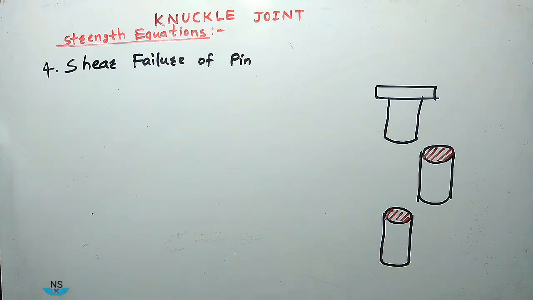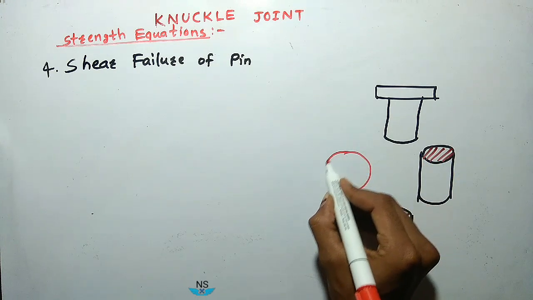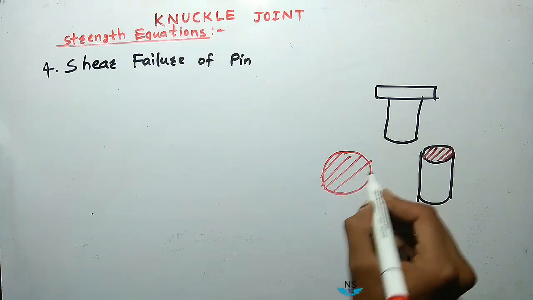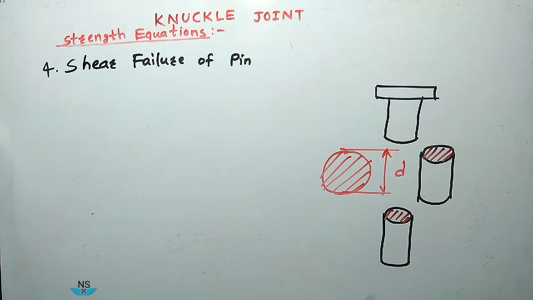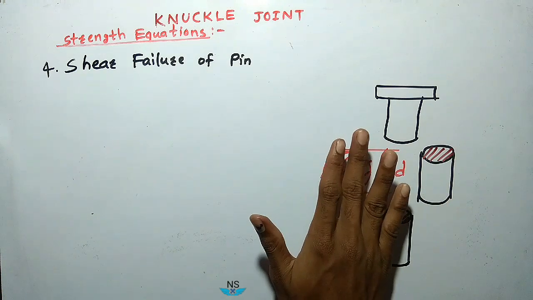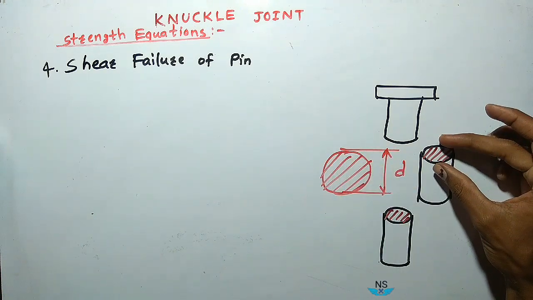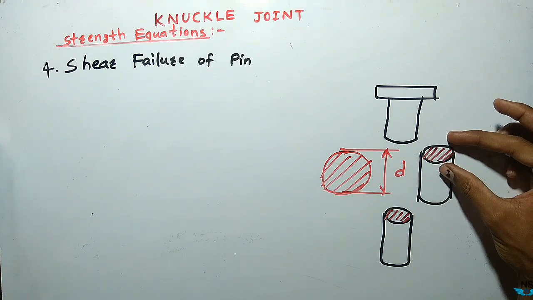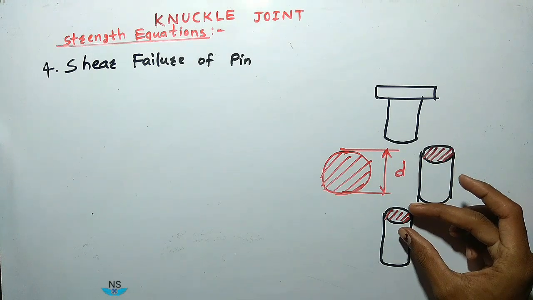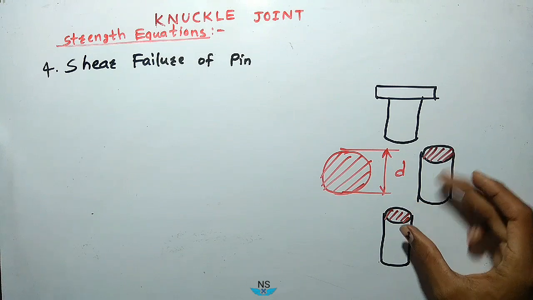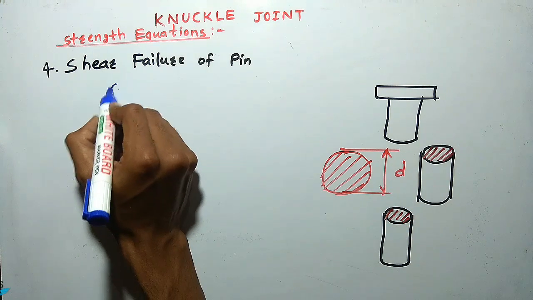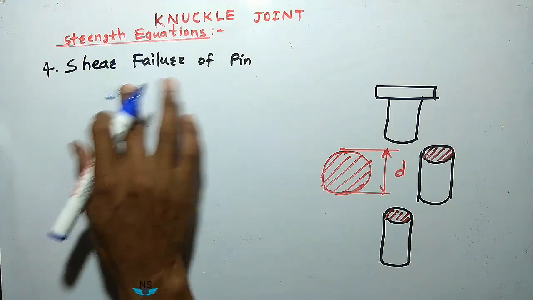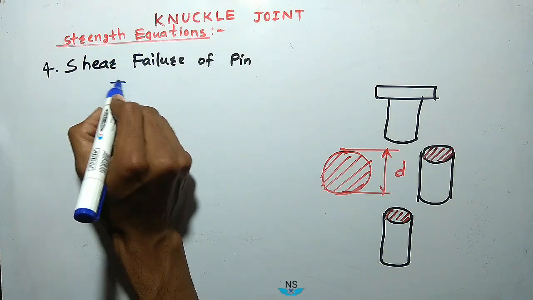Now diameter of pin is D. So this is the failure area, and this diameter of pin is D. So failure area is pi by 4 D square. At this section, area is pi by 4 D square. At this section also, pi by 4 D square. So area of failure is 2 times pi by 4 D square. So shear failure is there. So take equation for shear failure.